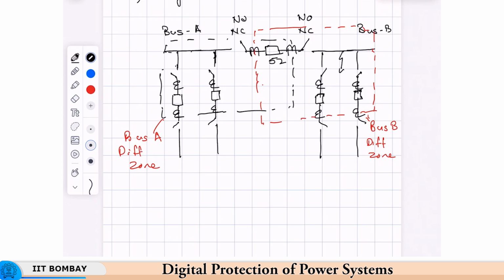If there is a bus fault on bus B, then at least bus A is available, and some amount of continuity of supply can be maintained, not full continuity, but at least some amount. So, the reliability here is more as compared to the single bus bar scheme.